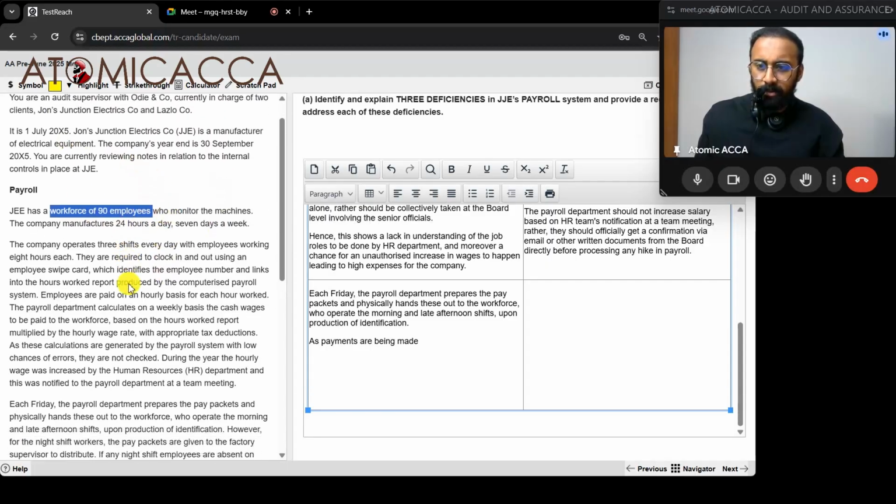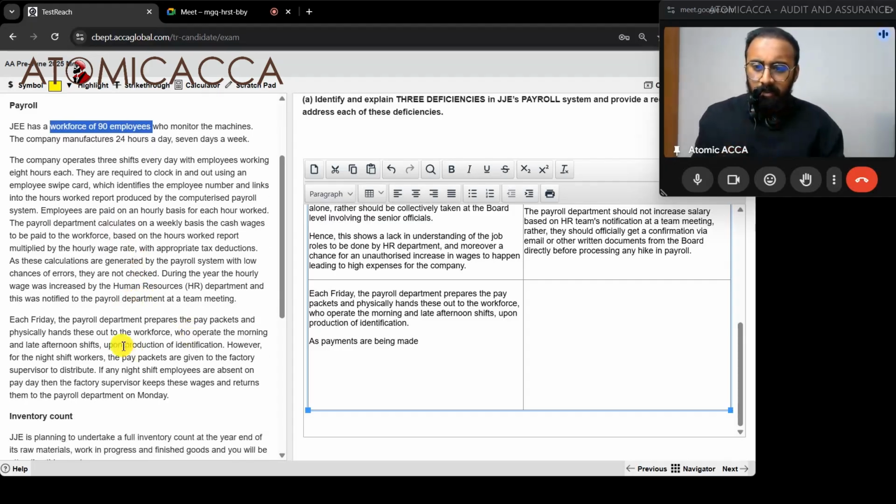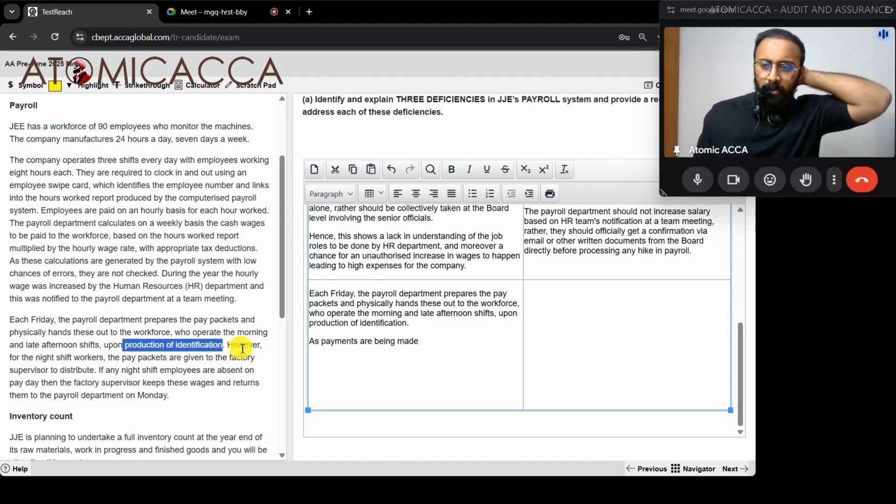This is a production factory or a manufacturer, and they are being paid on identification. That means the correct person is being paid. What could go wrong over here? Maybe they're allocating this manually. That means once they put in the pay packets, they can't identify. Okay, pay packets could have wrong amounts.